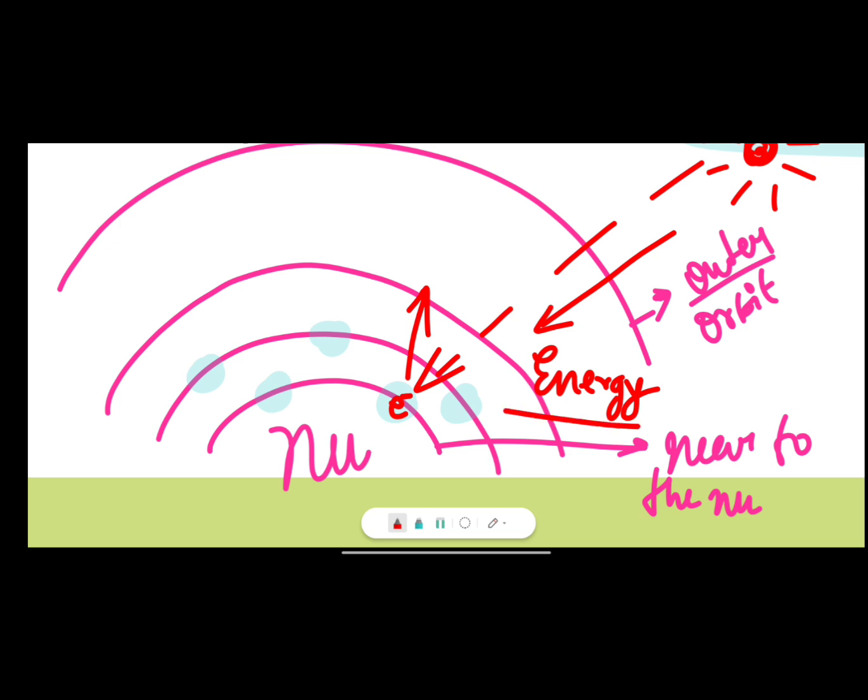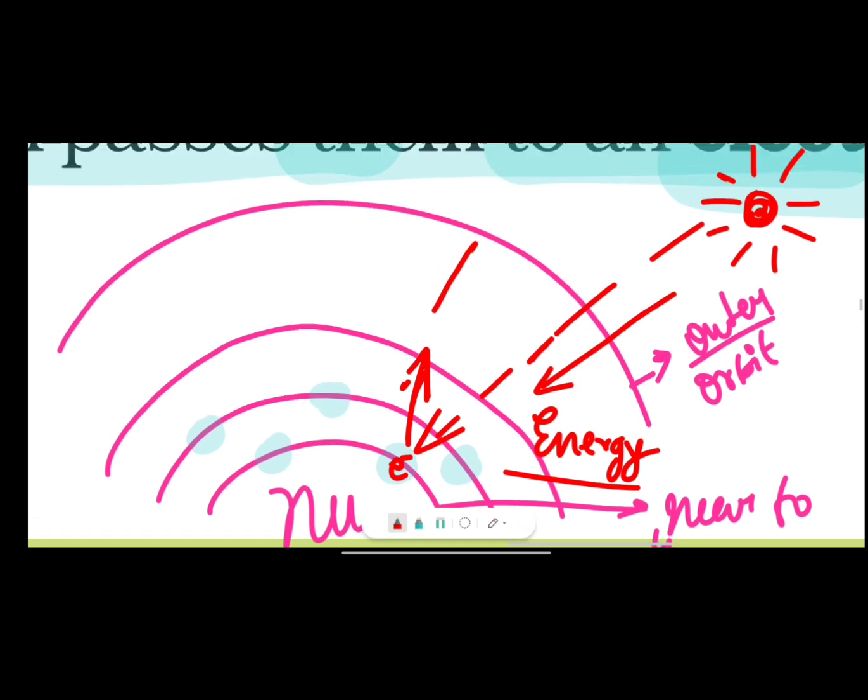Energy gets transferred, and then the electron gets excited and moves further away to the farther orbital. Farther means which has more distance from the nucleus. So it gets energy from the incident light, gets excited and moves farther away to the outer orbital.